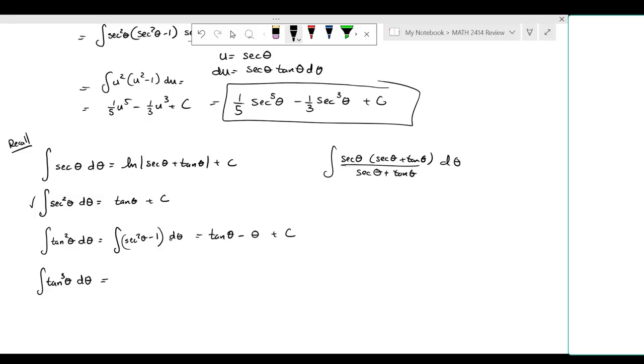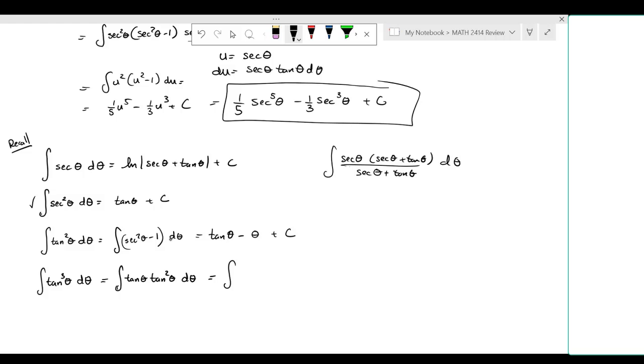Split it up into tan squared theta and then tan. And why did you want to do that? So that you can do the substitution for secant squared minus 1.